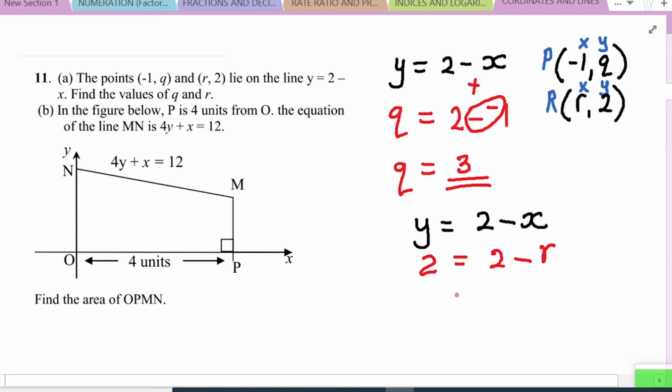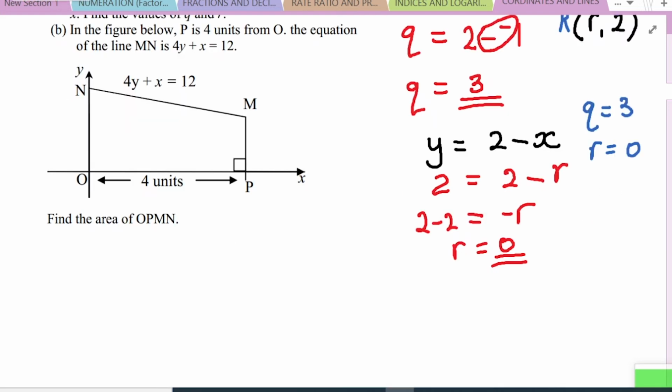So this is going to be 2 minus 2 is equal to -r, and you'll end up with a value of r as 0. So our value of r is 0. So we have found, finally, that q is 3 and r is 0.